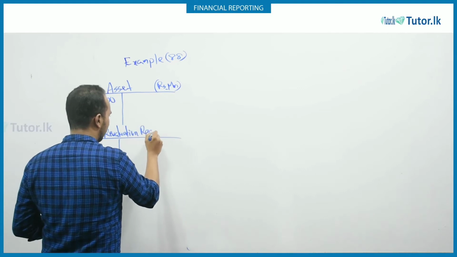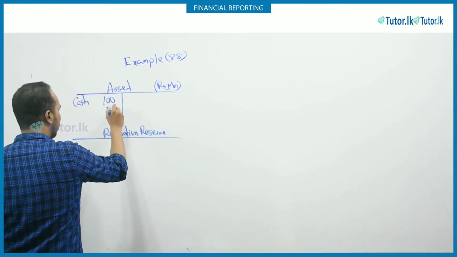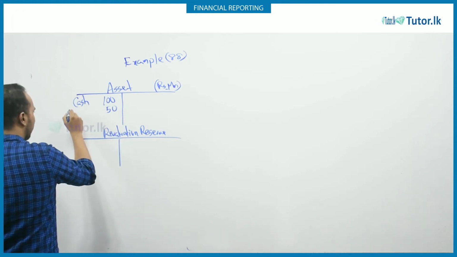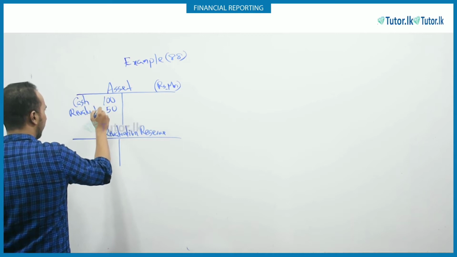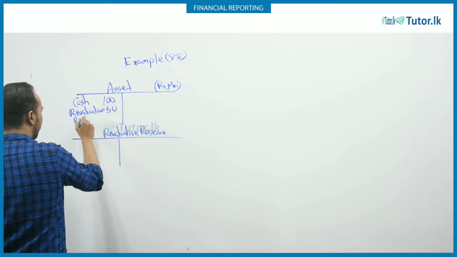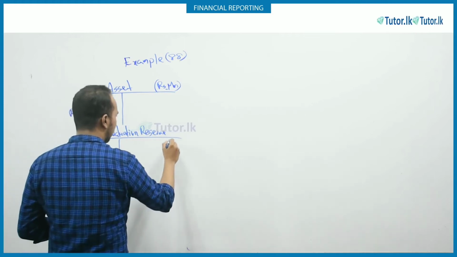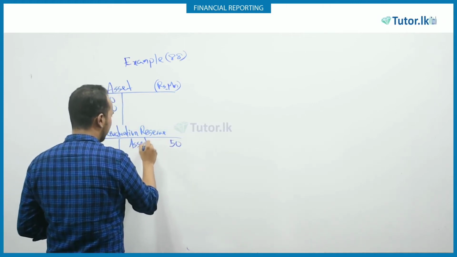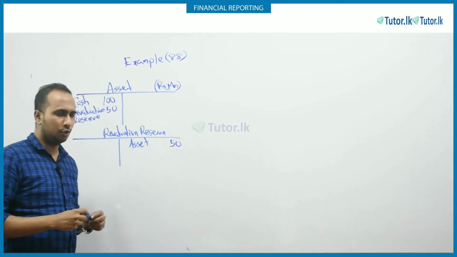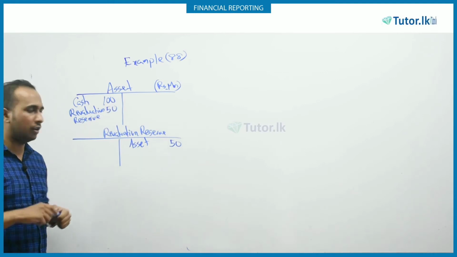I am debiting my asset account by 50. The contra entry goes to the revaluation reserve, and the revaluation reserve account is credited by 50. So don't get confused, this is considered a revaluation gain.